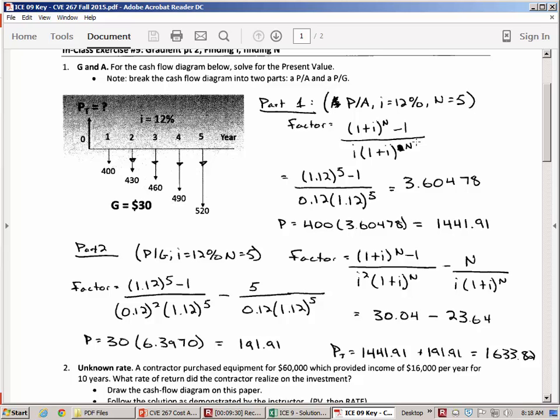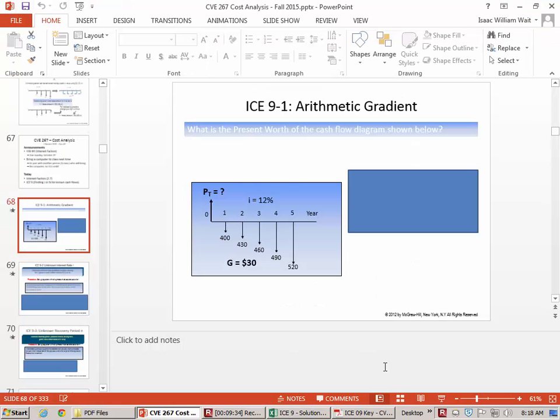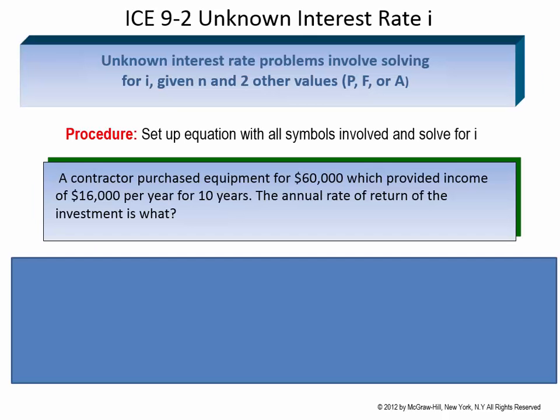All right, so now it's the time we've all been waiting for. We're going to do some computer stuff with this next example. Someone bought equipment for $60,000, and it's going to give income of $16,000 for 10 years. We want to know what rate of return that equates to.